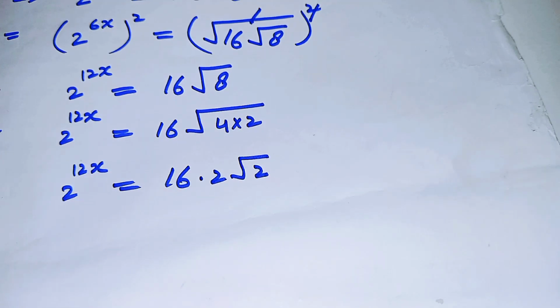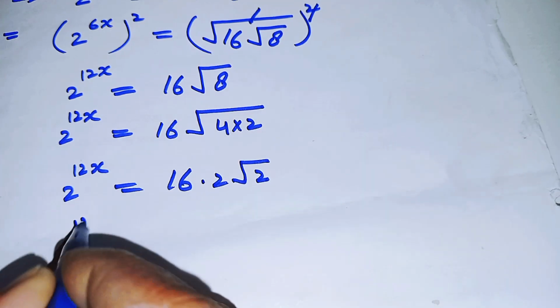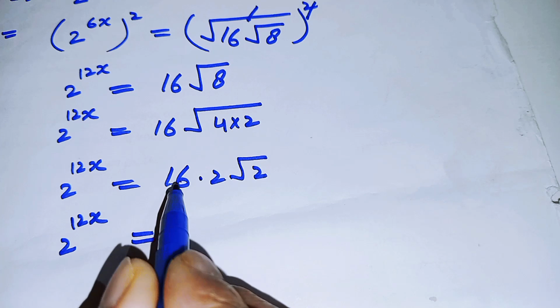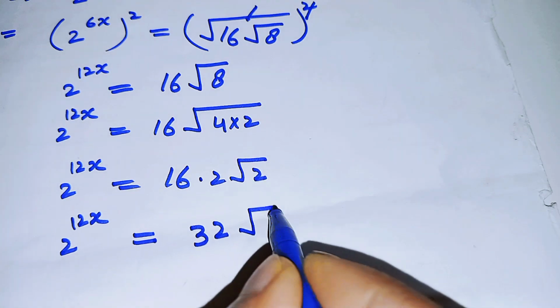Now take the square root on both sides. 2 to the power of 12x is equal to 16 multiplied by 2, which is 32 times the square root of 2.